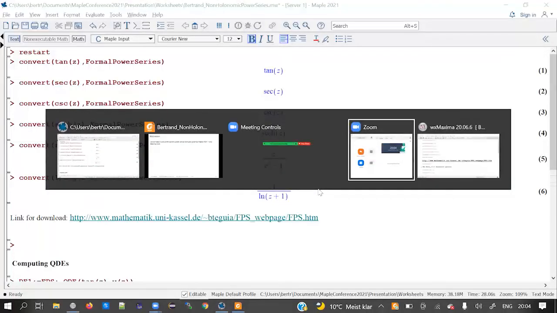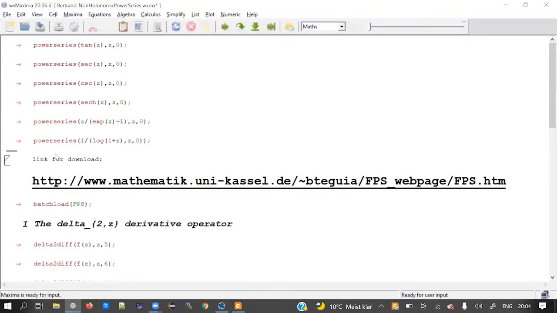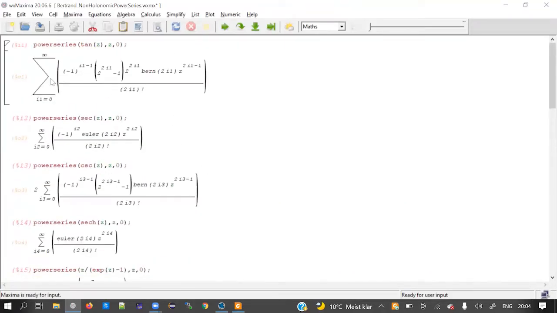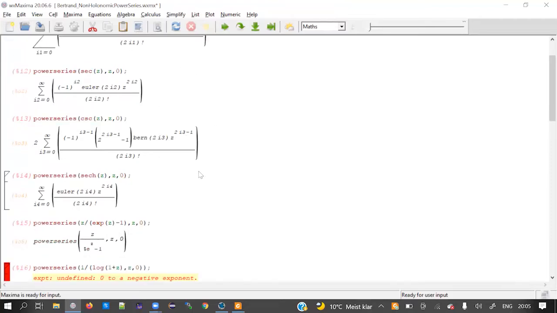In Maxima, the result is different. If you evaluate all these cells, you see that the power series formulas known from mathematical dictionaries are returned. Here we see the Euler and Bernoulli numbers appearing.